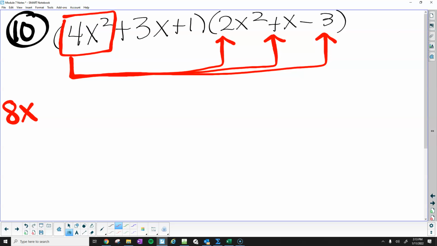What's 2 plus 2? So there's that one. Now 4x squared times x is just 4x to the third. Now let's do 4x squared times a negative 3, so minus 12x squared.